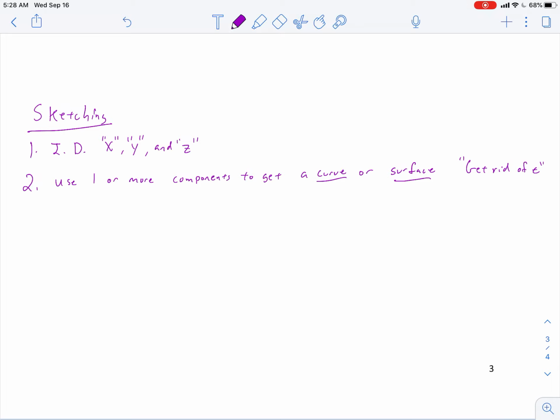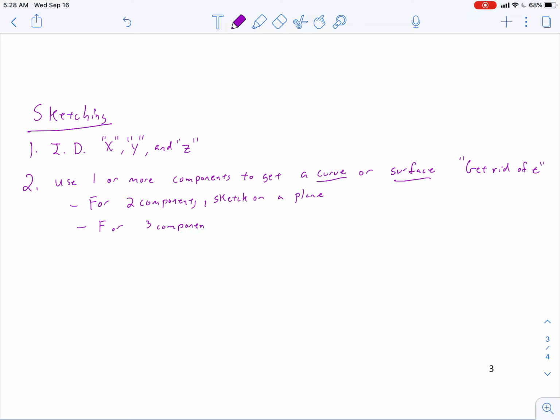So what you're going to do is solve for t in one of your parametric equations and substitute that into another to get either a curve or a surface. For 2 components, you're going to sketch on a plane.